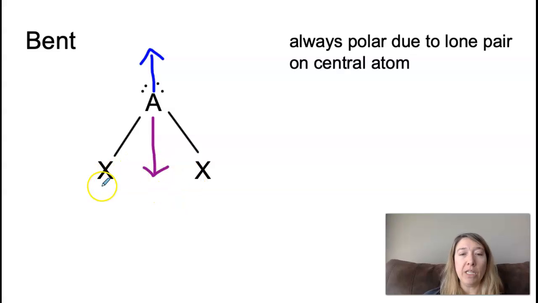Okay, if I found that these were different, like this was an X and this was a Y, then if X was more electronegative, my pull would just parallel my bond line. And if this was a Y and the Y was more electronegative, it would parallel that bond line, okay? So bent, always polar. Question is simply going to be, which way does your arrow go?